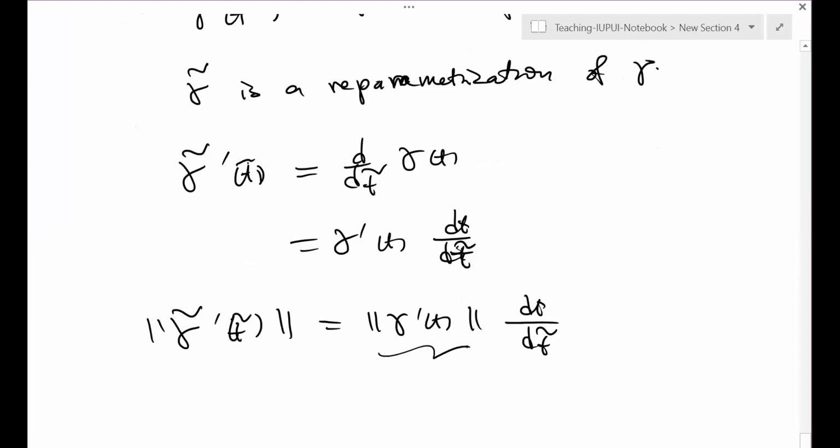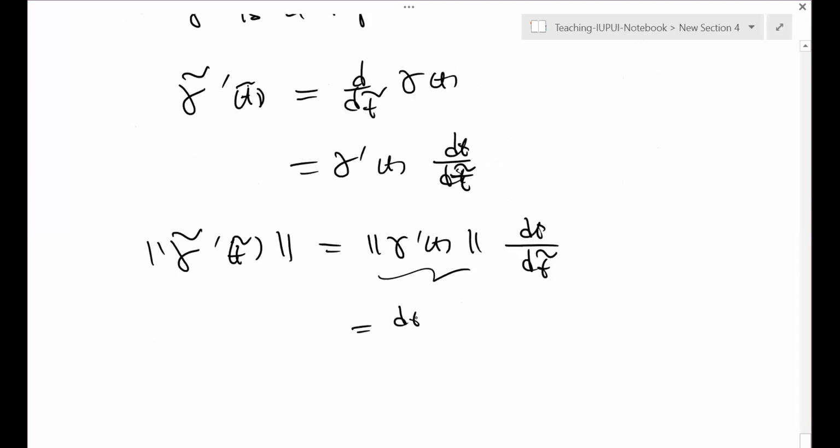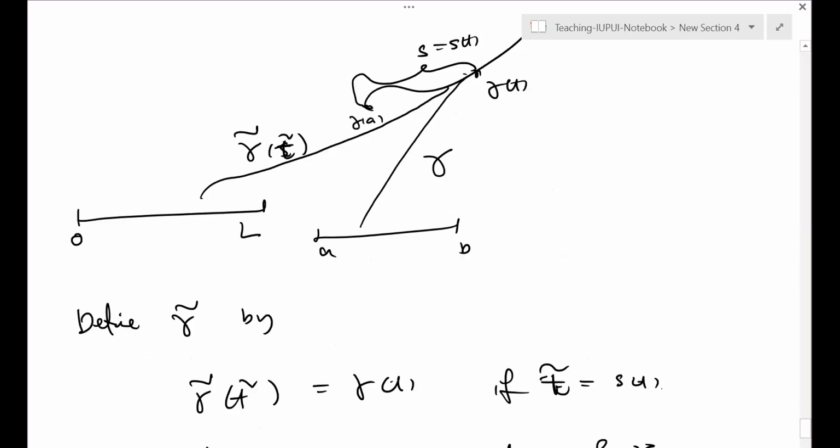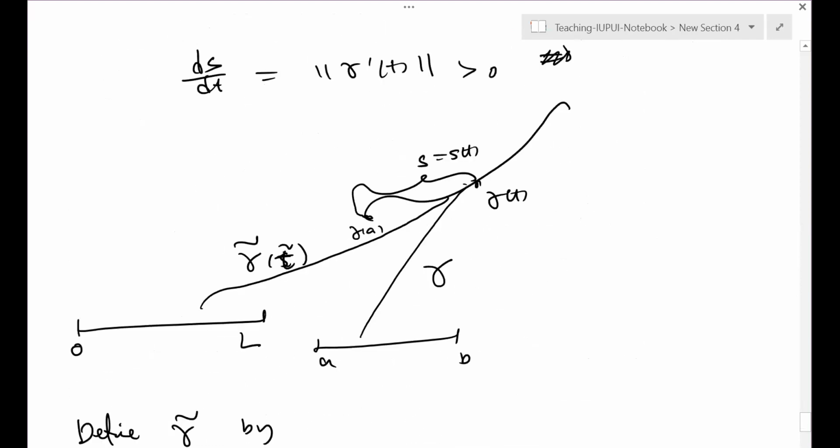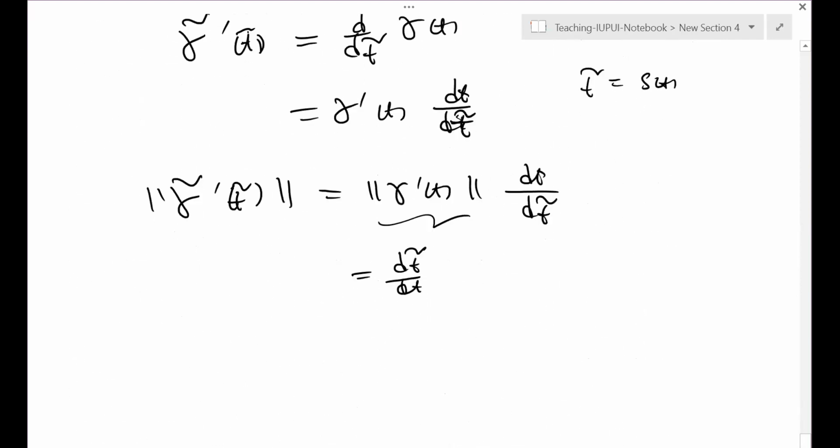But this is nothing but d s tilde dt, right? Because t tilde equals S of t. So that's what we differentiate with respect to t, and differentiate with respect to t. Now you get this. By the chain rule this is going to be 1.